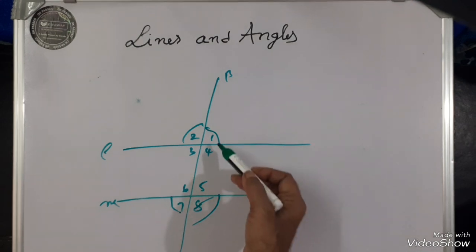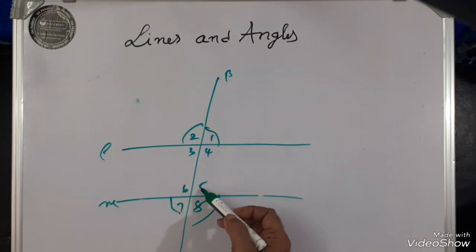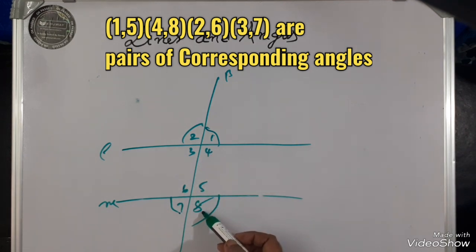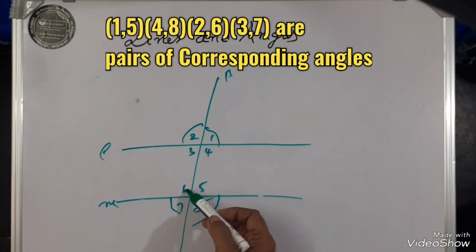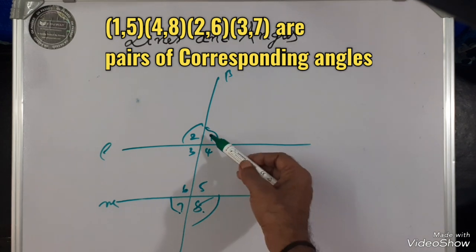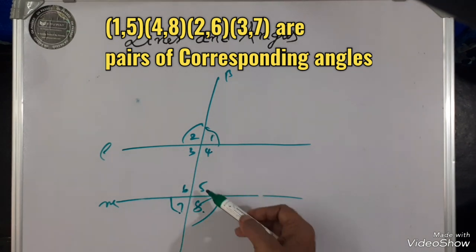Next, 1 and 5, 4 and 8, 2 and 6, 3 and 7 are called corresponding angles. In corresponding angles, one angle is exterior and the other is interior.